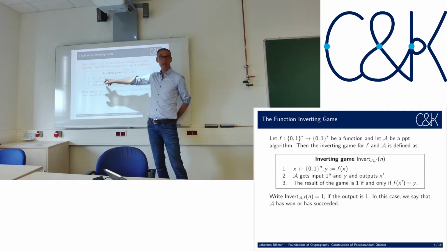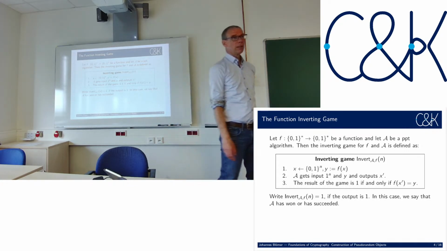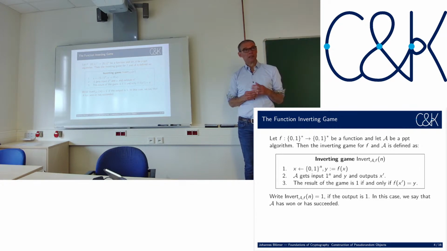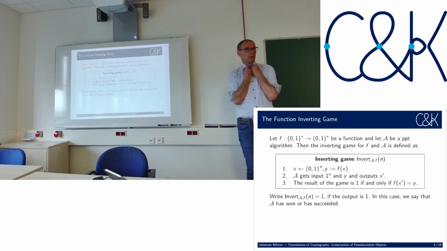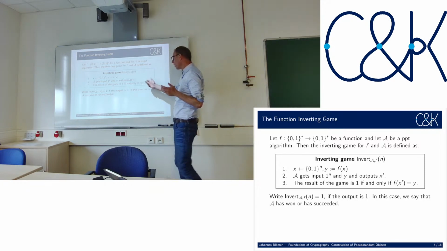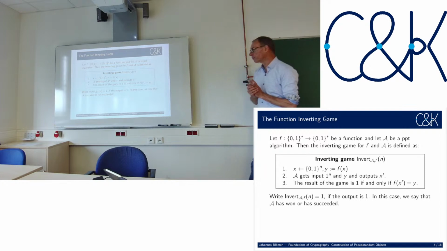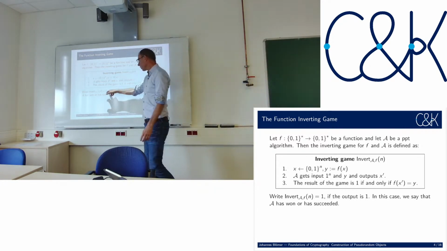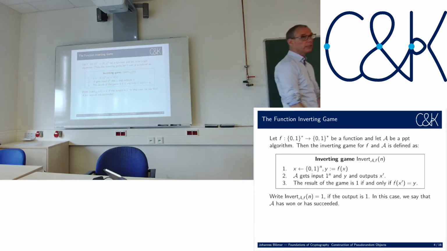It need not necessarily be this x, because that would be unfair. There could be many x's that map to y, and how should you, as an adversary, just knowing y, know which one was picked? So you have to compute one pre-image, but not necessarily the original one that was used in step 1. We write Invert_{A,f}(n) = 1 if the output is 1, and in this case we say that A has won or succeeded.